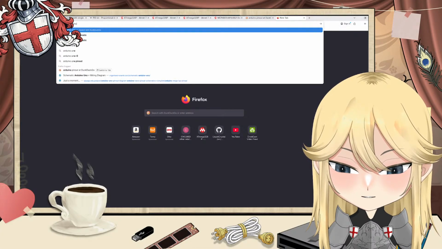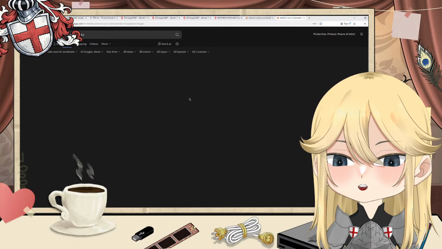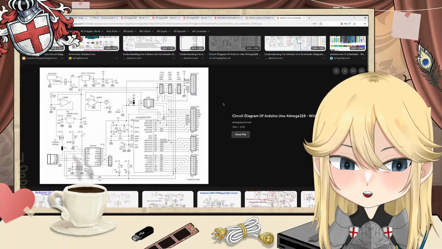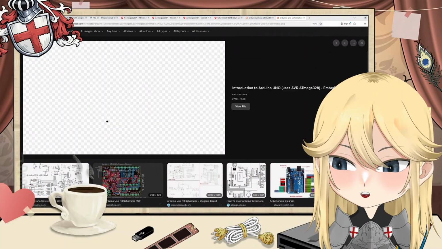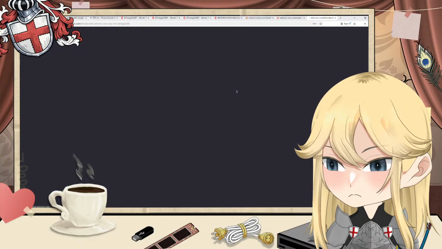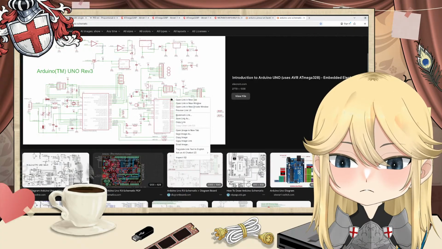Arduino Uno schematic. Let's see, where is that connected? I think this is the one I know. Oh, god damn it, I just want the image.